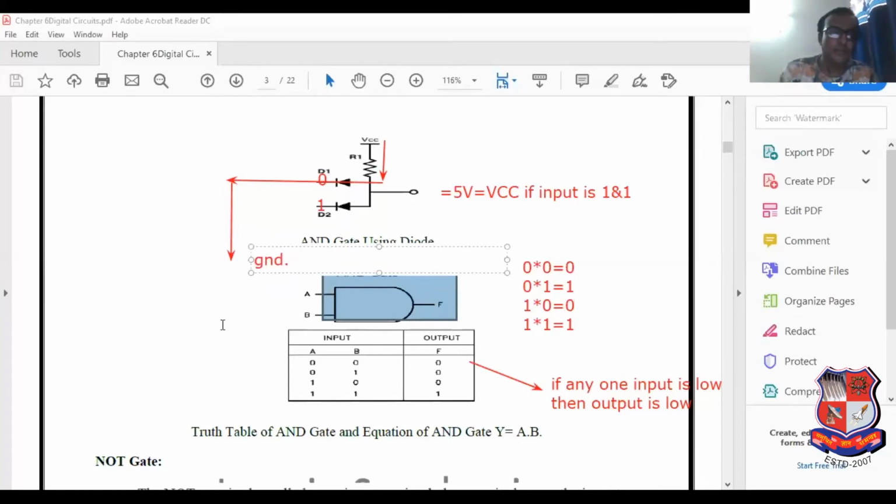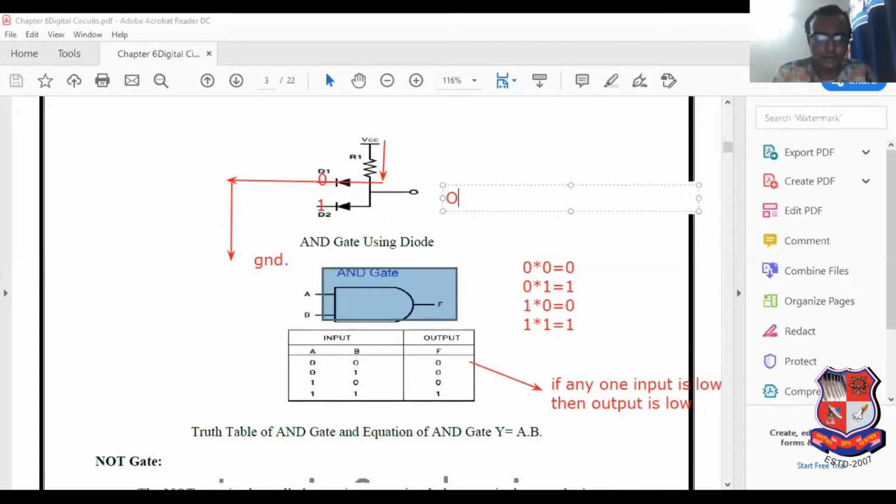So current flows like that. If 0 1 is applied, we cannot get output here. So the output is 0 volt for this particular case.